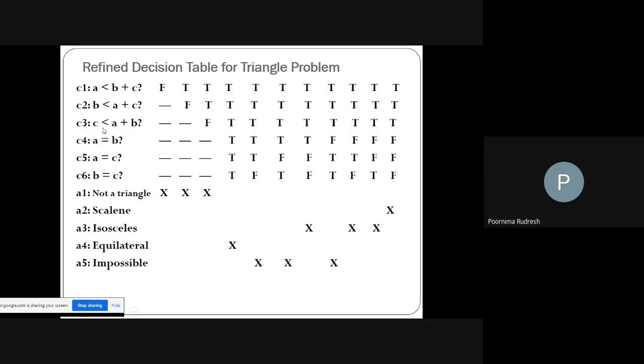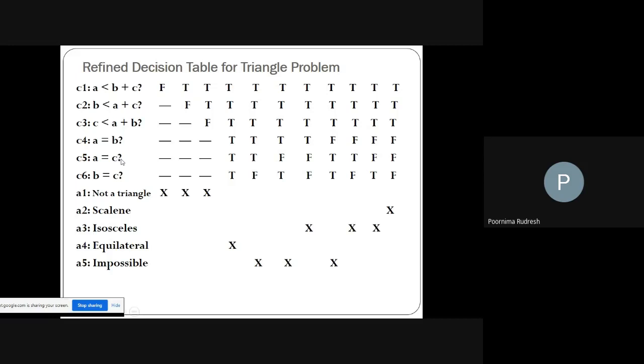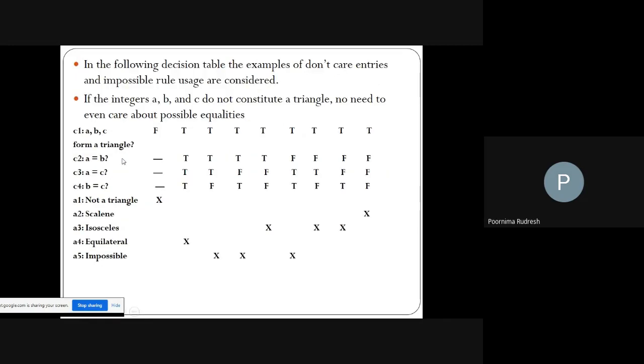Here, instead of 4 conditions C1, C2, C3, C4, we have 6 conditions C1, C2, C3, C4, C5 and C6. Here, the 3 conditions C4, C5 and C6 are same as the previous ones, these 3 C2, C3, C4 are same here, but here we check whether ABC form a triangle.